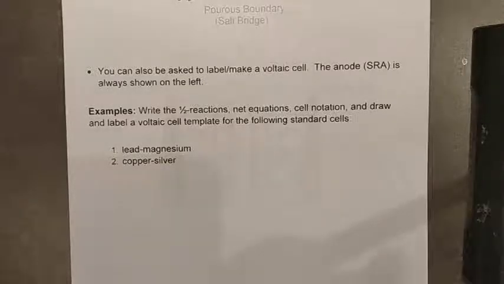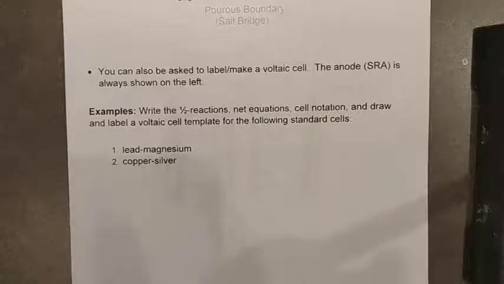From there, I would like you guys to show the net redox, show that cell notation, and show a pretty picture of the cell, at least as pretty as you can make it. Okay, because those are the three ways that we're going to look at these cells. We get to really get in depth on these ones, so make sure that you can do those three things. All right, do copper-silver before you watch the next video lesson.